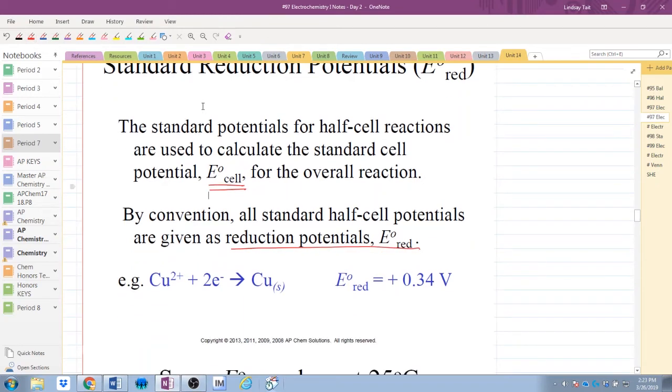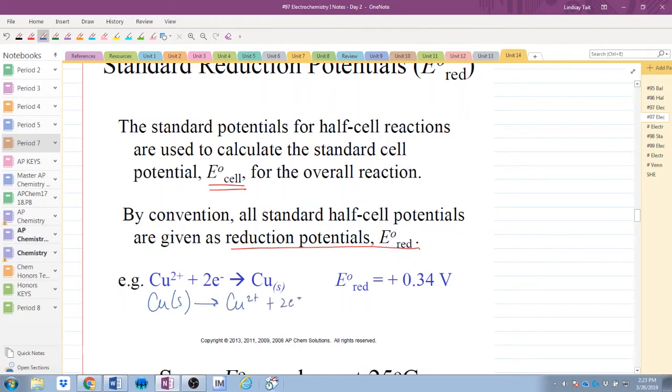So here's an example of a standard reduction potential. This is the reduction of the copper 2+ ion, and you see here standard E naught with RED, that's reduction. If I were to flip this, what's happening here? Solid copper yields copper 2+ plus 2 electrons.